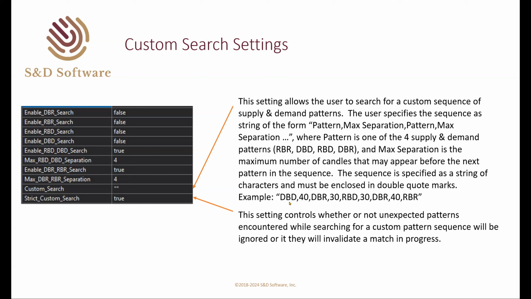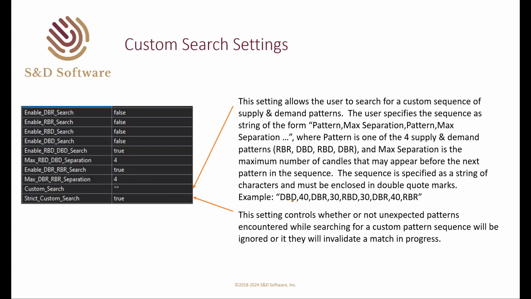So we have to have a sequence of acceptable patterns. Now, the next setting here, strict custom search. What that means is when the tool is out looking for this sequence, we take our example.